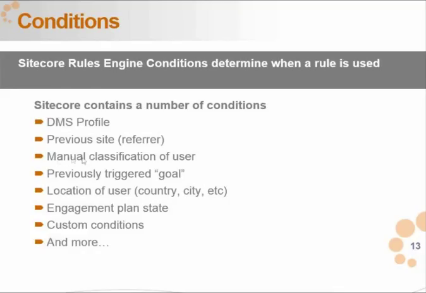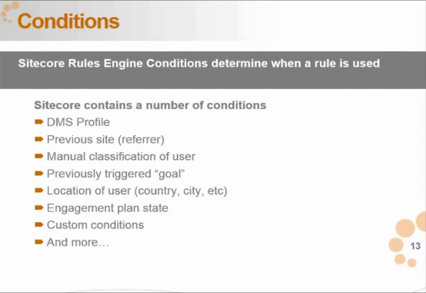You can also do the manual classification of users. So in Sitecore, if you require users to log in and you know a specific user, you can put them into some specific category, and you will treat them differently. The next is goals.